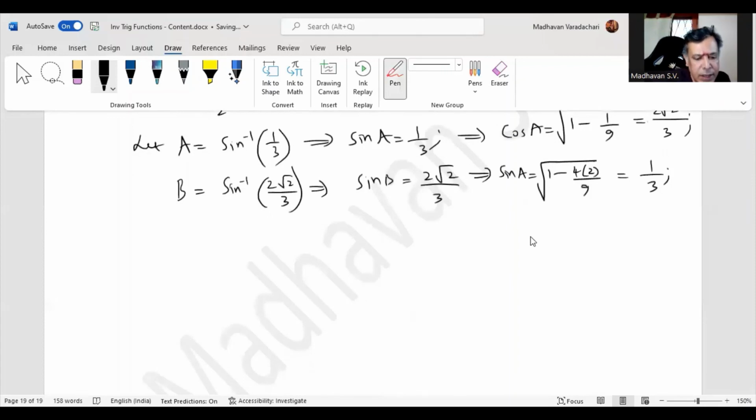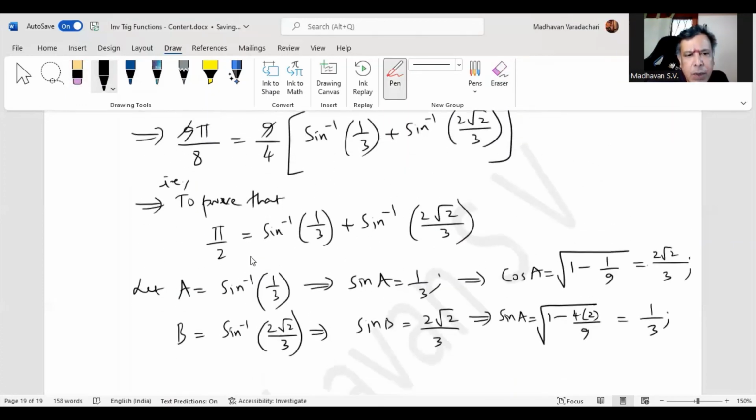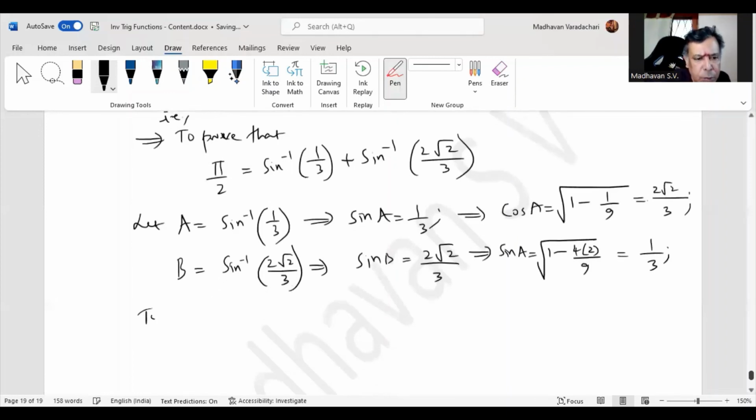Now let us consider the trigonometric identity, which is sine of A plus B. Before that, let me write this. Once we assume this, we are supposed to prove that A plus B equals pi by 2.